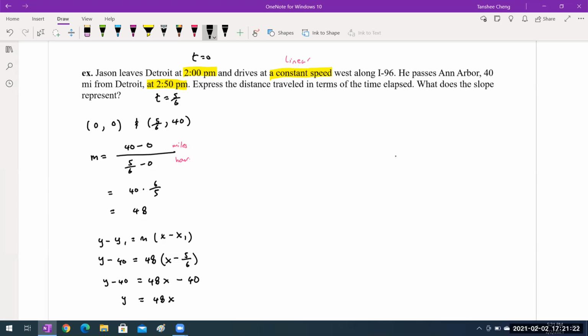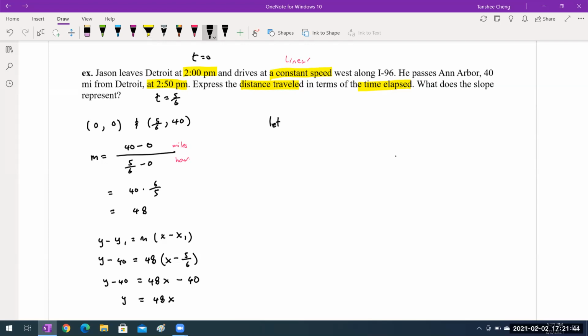However, the question is asking us to express the distance traveled in terms of the time elapsed. So I don't want to put my equation or formula in terms of x and y, which is what we are used to. Now here's where the actual problem comes in.